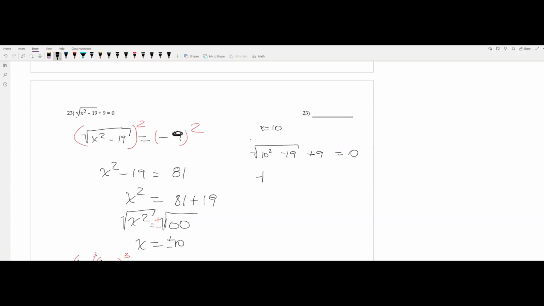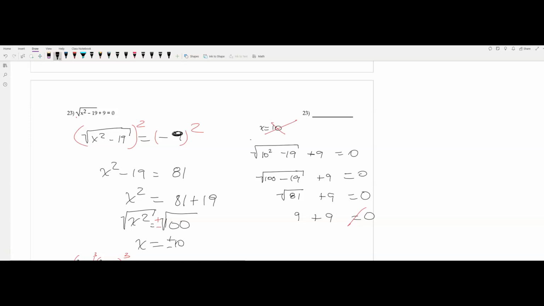So that's going to be square root of 100 minus 19, right, plus 9. That's square root of 81 plus 9 equal to 0. And that means that 9 plus 9 equal to 0. And that's not the case. 9 plus 9 is never equal to 0. So positive 10 cannot be my answer.